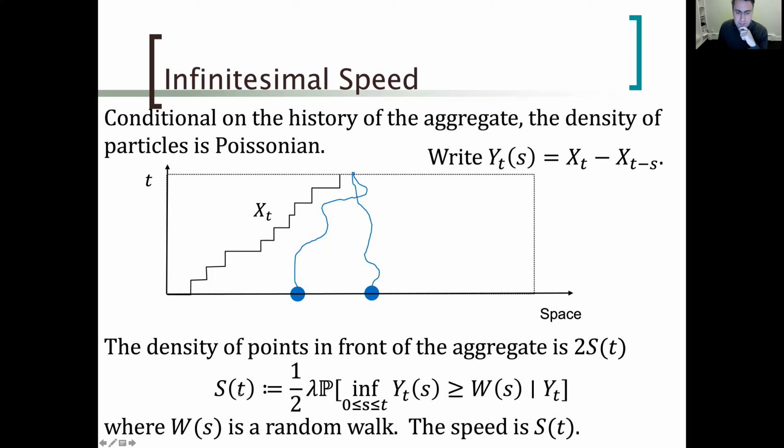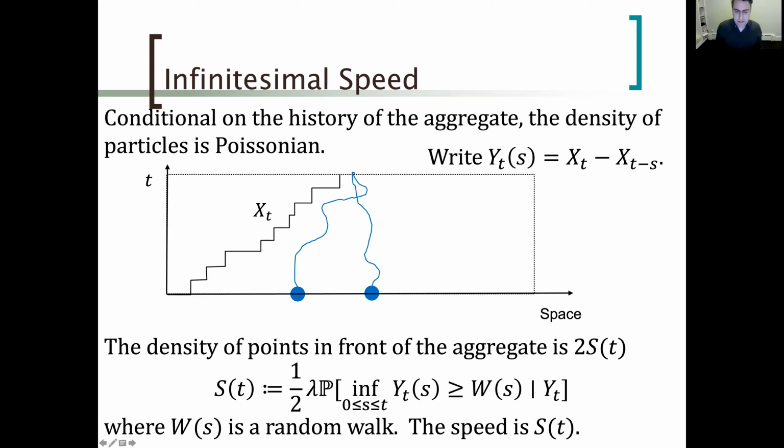So if I want the speed at time t, I reverse time from time t. So s runs from 0 up to t. And then I want some random walk to always be less than or equal to that. So it means that Y_t of s is bigger than W of s for all s less than or equal to t. Yes. Okay. Yeah. All right. Thanks.